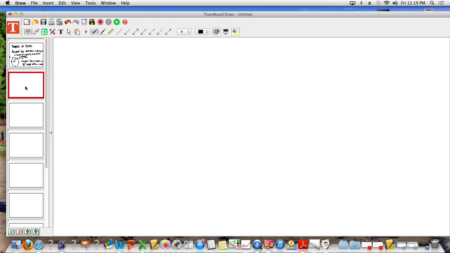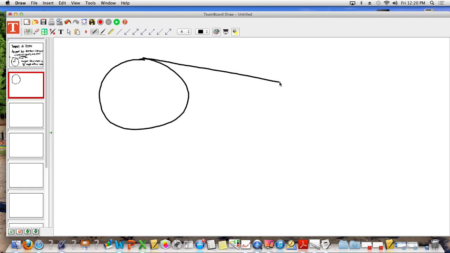All right. Draw yourself another circle. And what I would like you guys to do is draw a line that looks like it's tangent to the circle. So draw a tangent line to the circle.